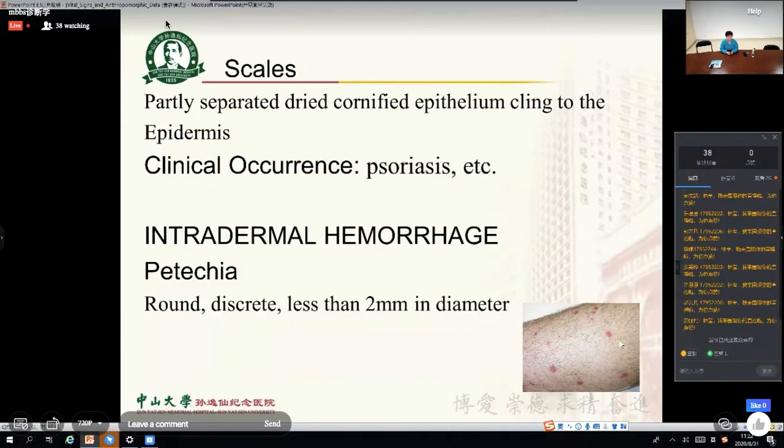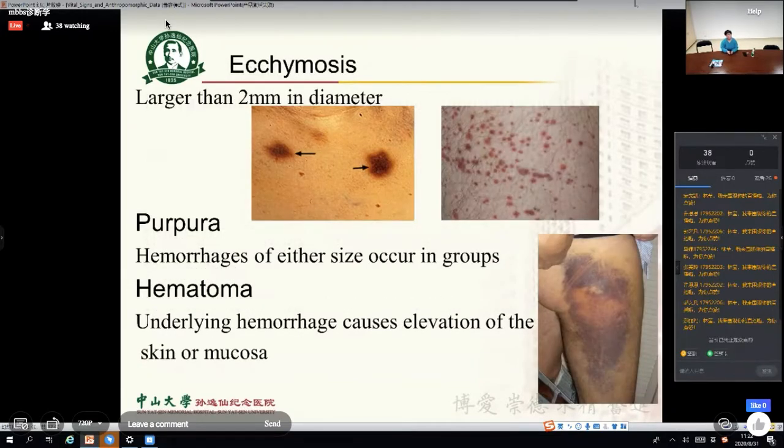Also, we can see some intradermal hemorrhage like this. This is what we call petechiae. These are round, discrete, less than 2 millimeters in diameter. If the petechiae enlarge, larger than 2 millimeters in diameter, this is what we call ecchymosis. And when we see larger ecchymoses, we call this purpura, hemorrhage of either type occurring in groups.